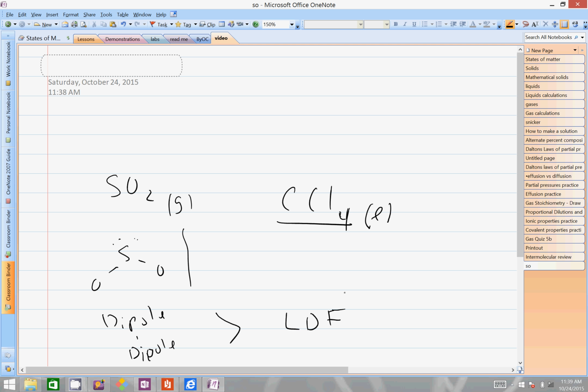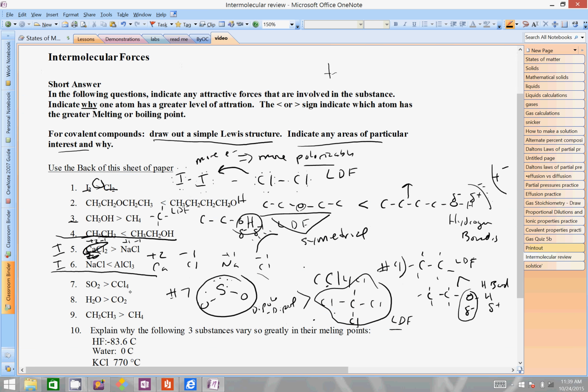So a question might ask, why is this guy a liquid and this is gas? Well, it turns out that the sheer number of electrons is amplifying the London dispersion forces enough to exceed that of SO2. So regardless of what this thing says on here, I would say that in real life it is the other way around.